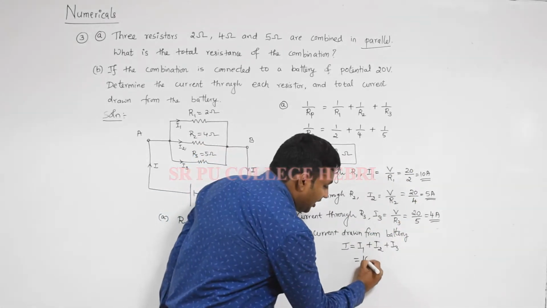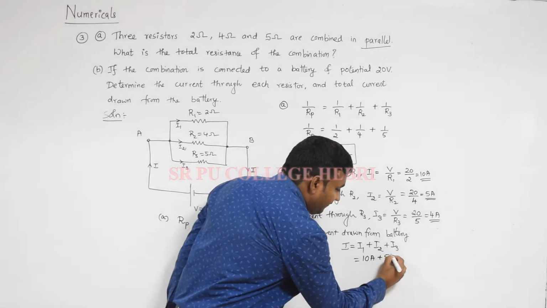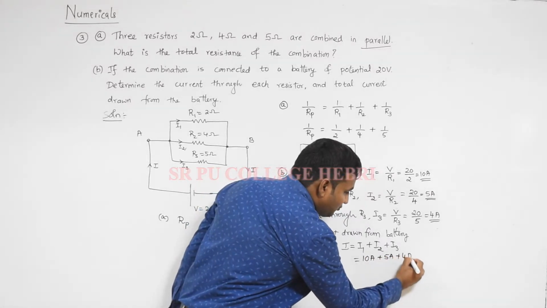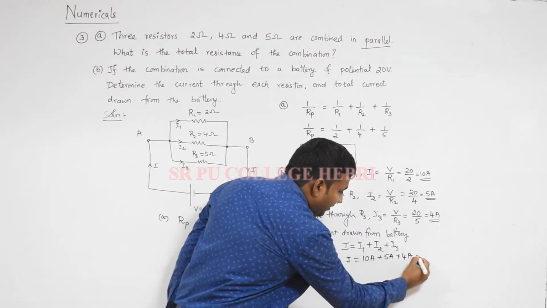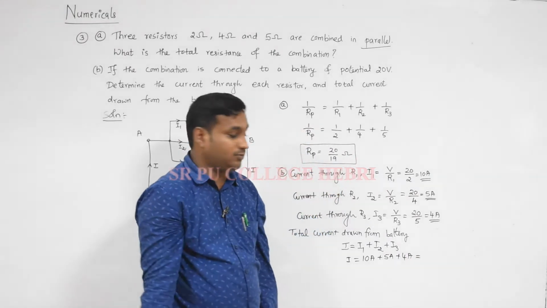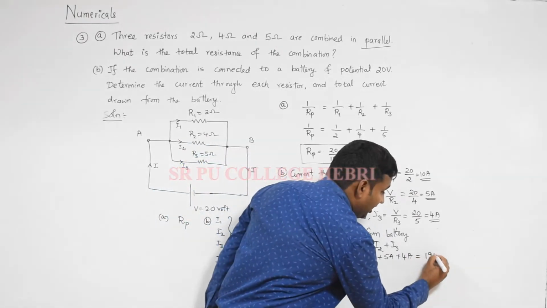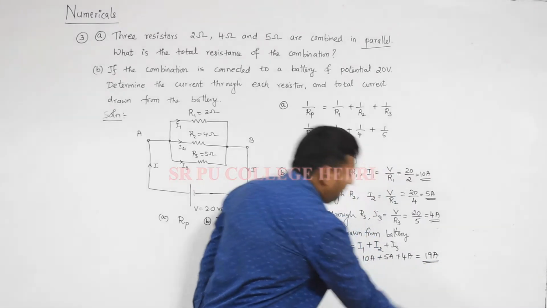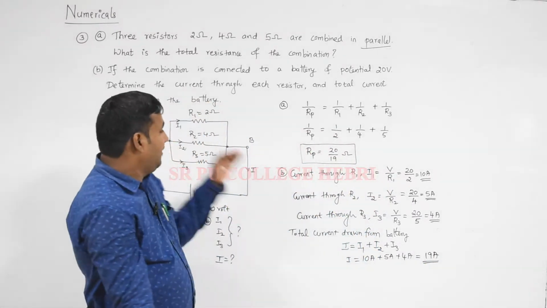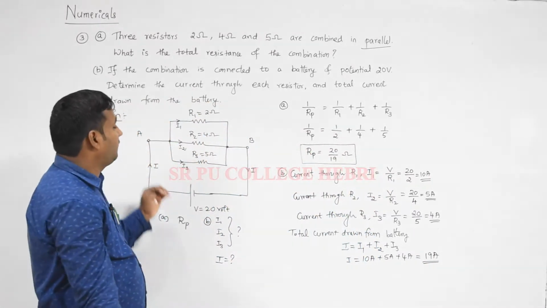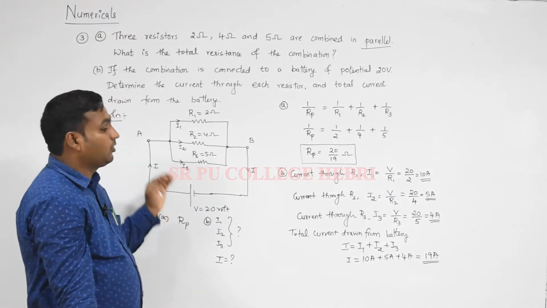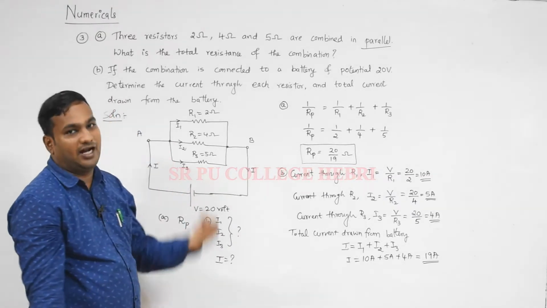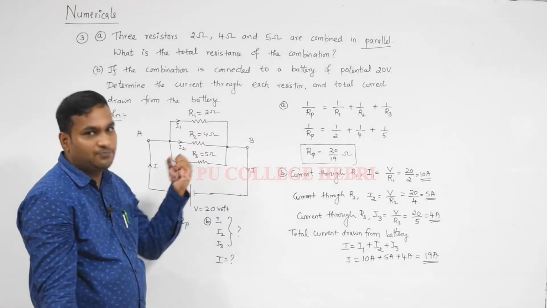When we add the three, we got 10 amps plus 5 amps plus 4 amps. The main current or current drawn from the battery is 19 ampere. 19 ampere itself is the answer for main current drawn by the circuit from the battery during this parallel combination.